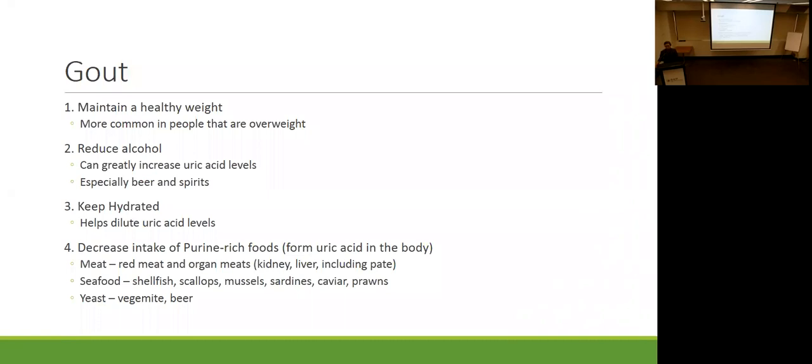Making sure they keep hydrated, they meet their fluid requirements, because it helps to dilute uric acid levels. And also looking to decrease purine-rich foods in the diet because they actually form uric acid in the body. Things like meat, seafood, and yeast-containing products.